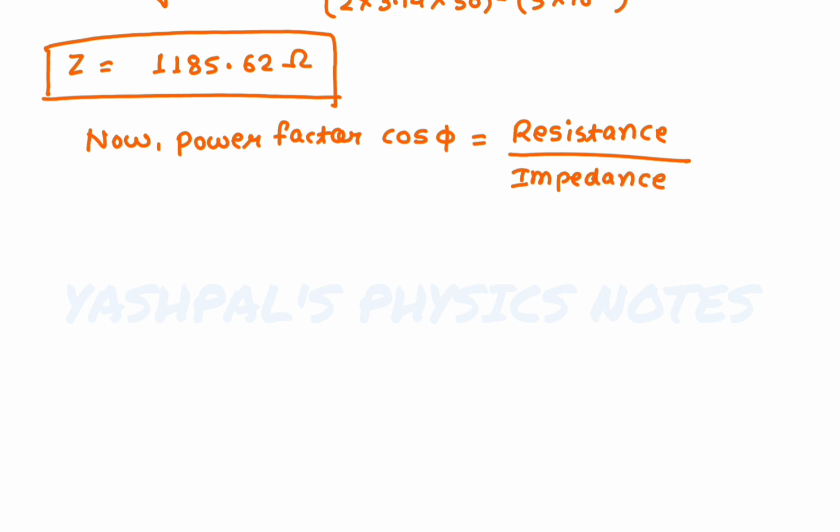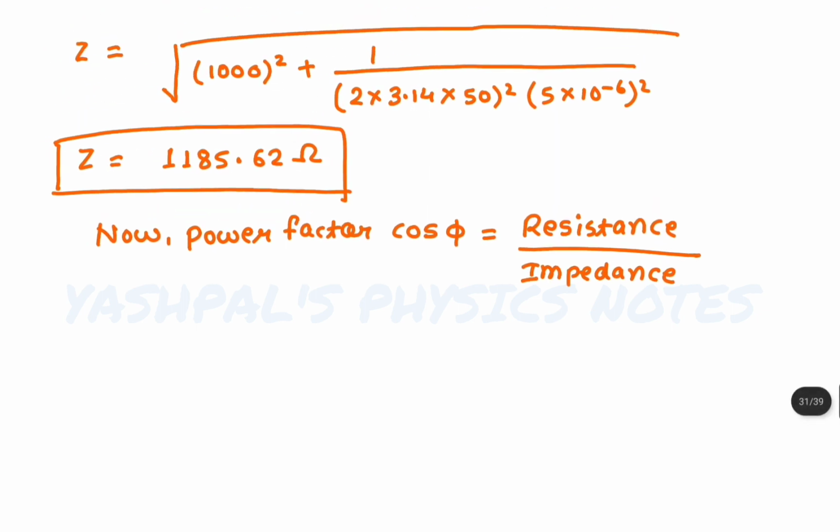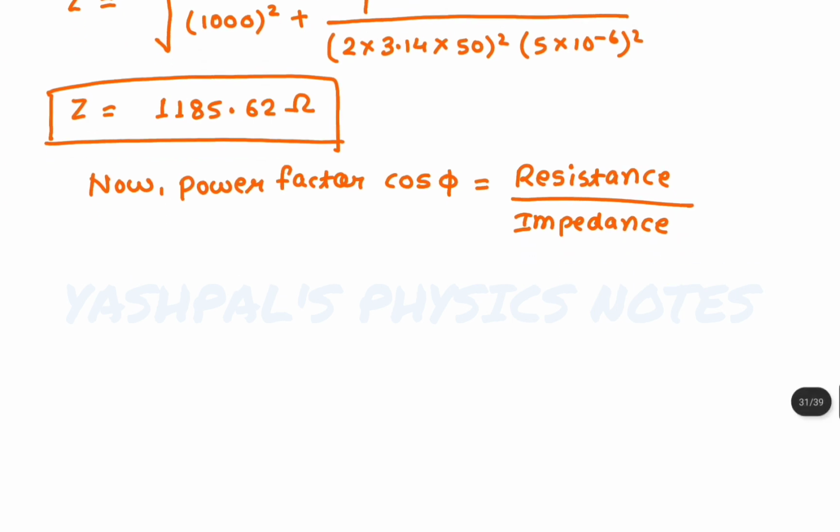As I have told you in the previous question, resistance unit is ohm and impedance unit is also ohm. So the unit gets cancelled out. So power factor is a unitless quantity. So therefore power factor, here I can write R upon Z.